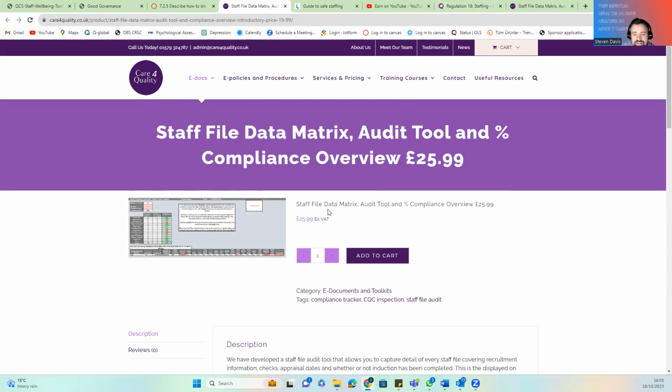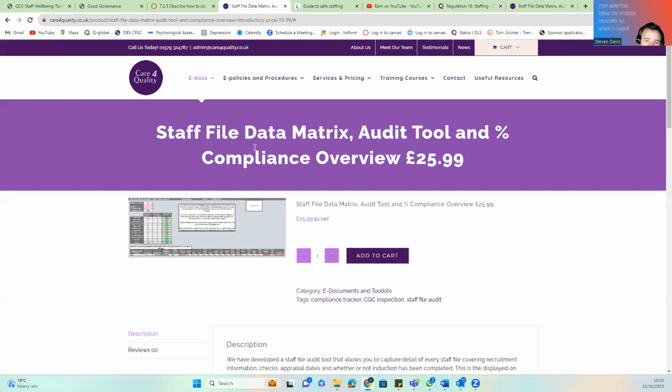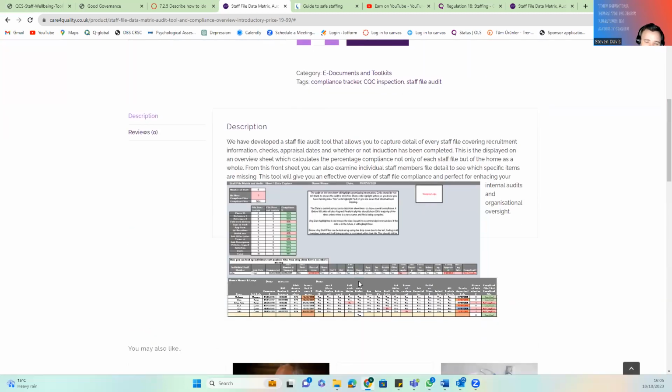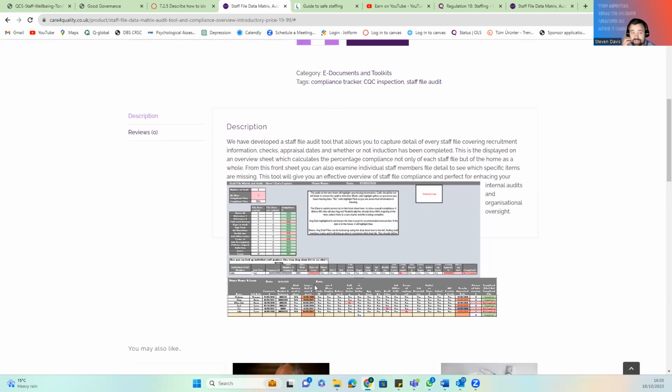But here, this is a Starfold data matrix tool, and basically in here you can put in your safer recruitment sheet. It does other things in there, so it can work out how many staff you need, number of staff, etc. So it helps you manage your process there.